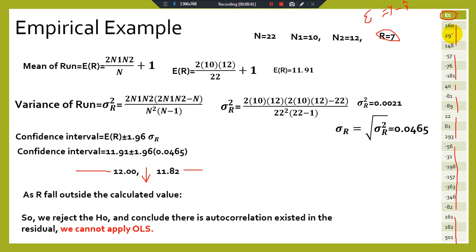But here you can see that we cannot find a single value the same as another. There may be some increasing trend or some decreasing trend in the series, and an increasing or decreasing trend in the series creates an issue of autocorrelation. So the run test enables us to find higher order autocorrelation, irrespective of whether some observations are the same or not in the series.